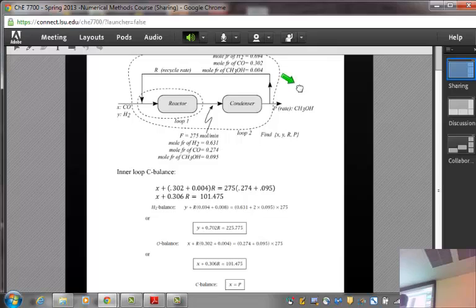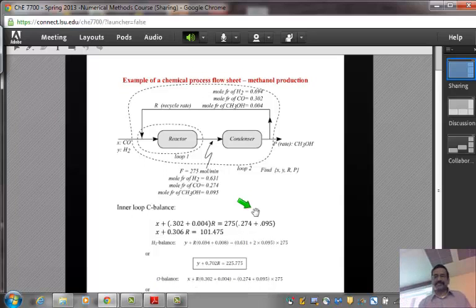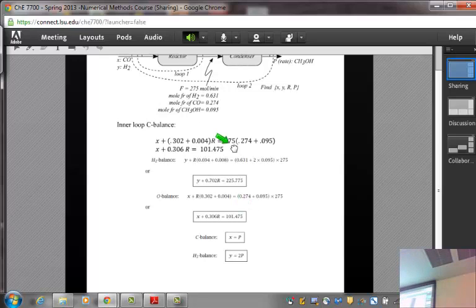That is the amount of carbon entering the reactor. That should equal the amount of carbon leaving the reactor. Again, there are three streams, but only two of them have carbon in them. So that is 0.274 plus 0.095 times 275. So you simplify that.